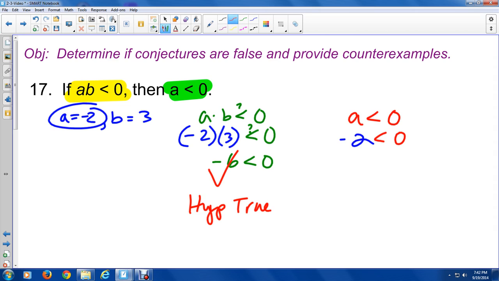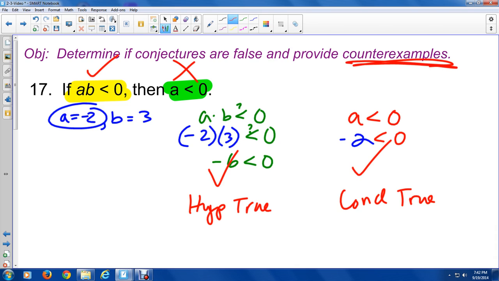It's a negative number. So I actually showed, right back to where I was with Ray BA and G being on BA, I showed the hypothesis true and the conclusion true, but that's not what I wanted. I want a counterexample. To get a counterexample, I have to show that the hypothesis is true and the conclusion is false. So, how could we come up with a different counterexample?